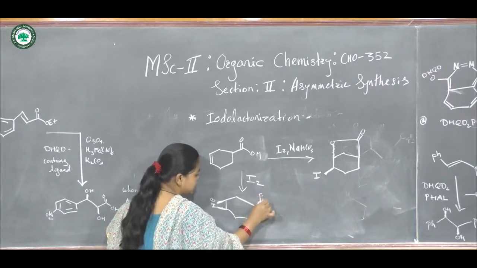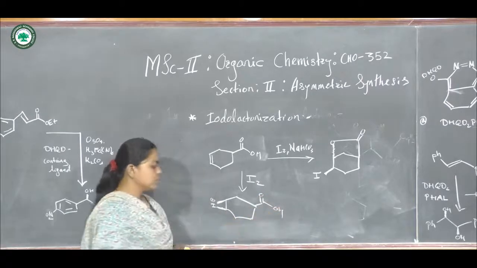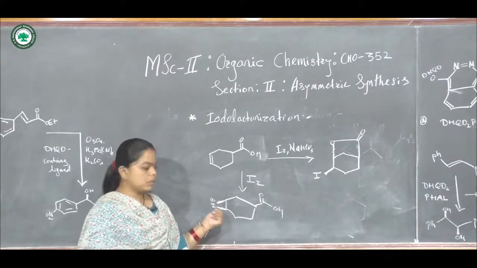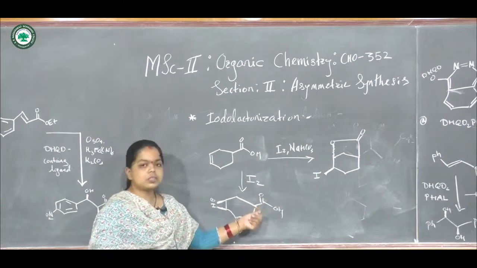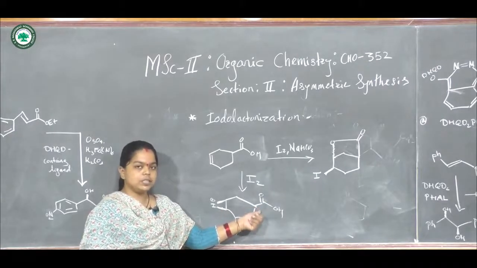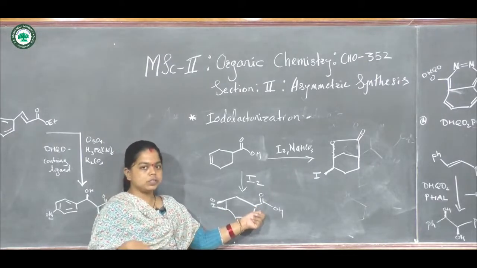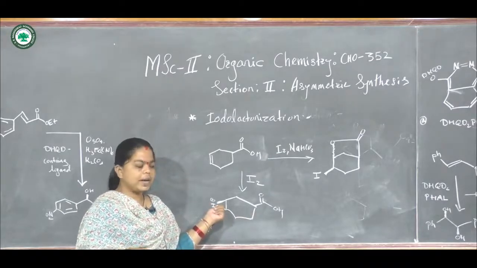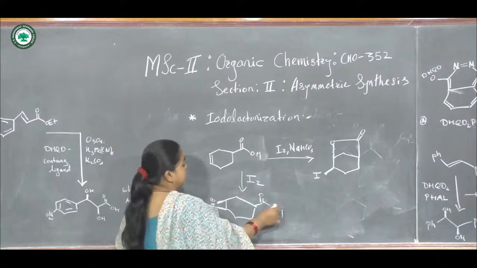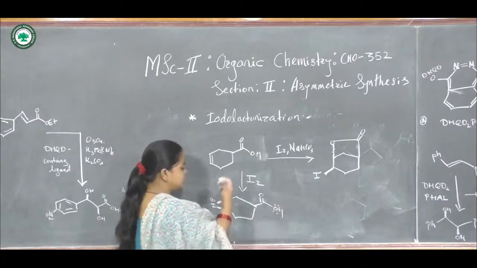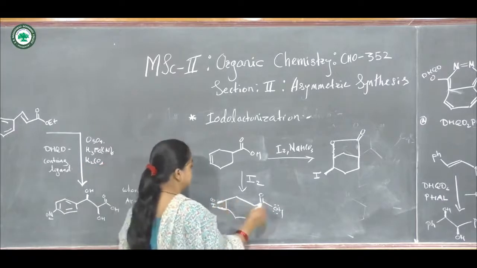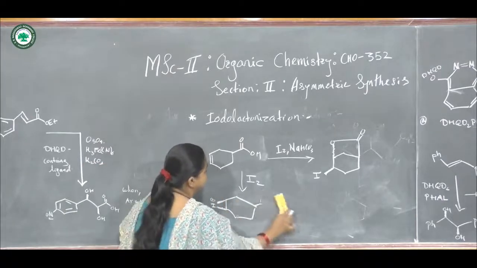Now as this is a ring system, the iodine approaches from the above side, because the carboxylic acid group is oriented downwards. So we get the beta oriented iodonium ion, and now this carboxylic acid group attacks from the back side in order to open this ring. So we can show here.